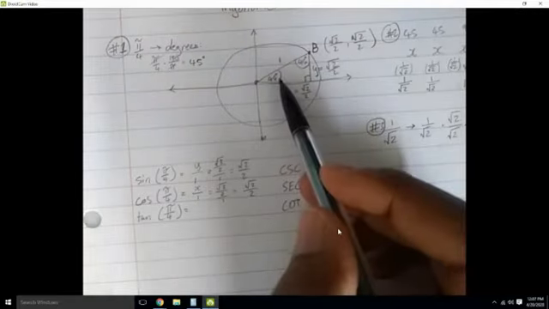Now for the tangent, it is going to be opposite over adjacent, so y over x. The y value is root 2 over 2 over root 2 over 2, which is the x value. How can you do this?